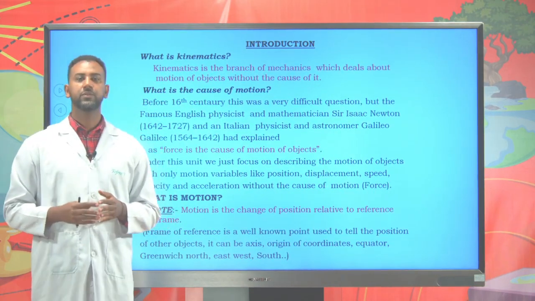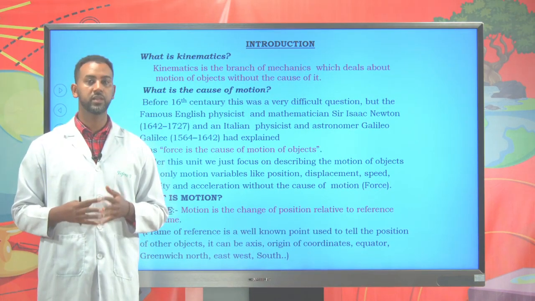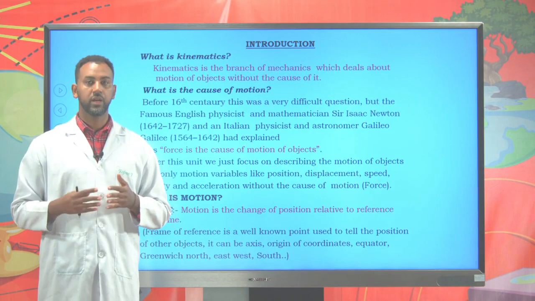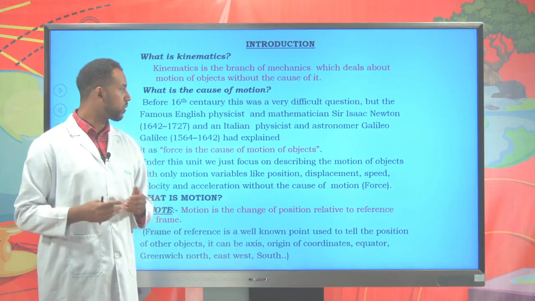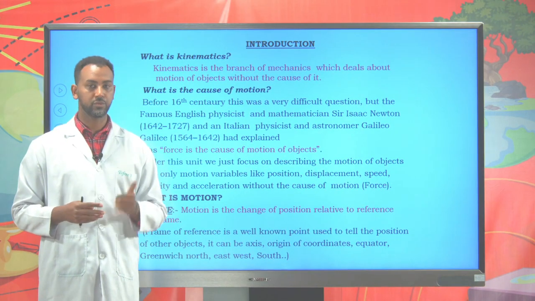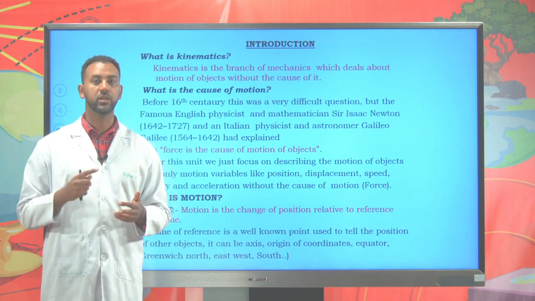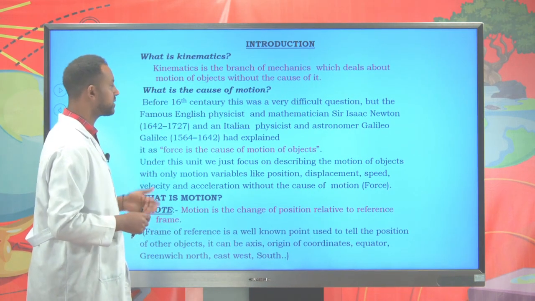First, let's define what kinematics is. Kinematics is a branch of physics which studies motion and motion variables, but not the cause. The cause of motion is force. We are not investigating force here. We only focus on motion and motion variables. So what is motion?